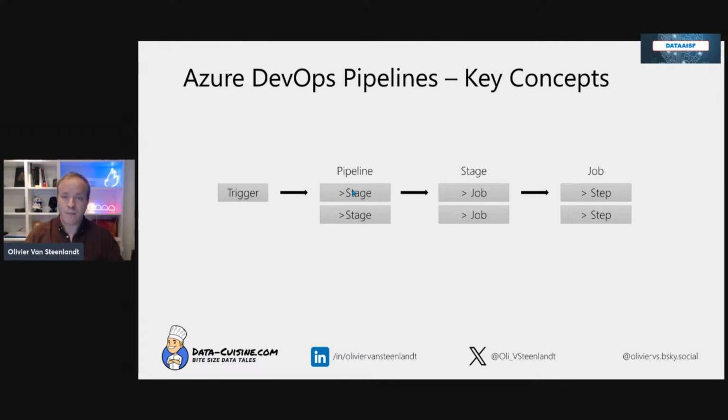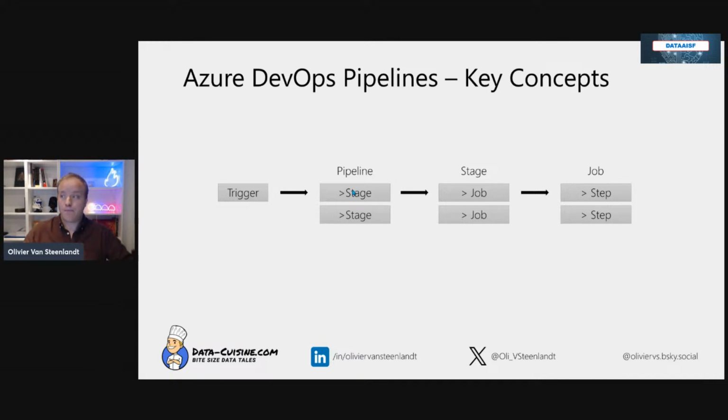So a trigger can be you saying manually, I want to execute this pipeline. But it can also be time-based. It can be triggered based on perhaps when a change comes into a certain branch. That can be a trigger as well. And that's something that we are going to use, for example.